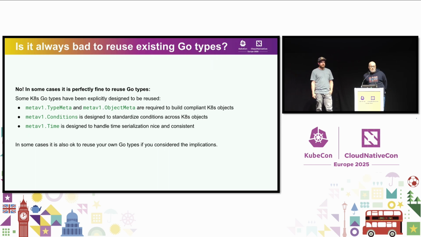For instance, in the Go type for your CRD, you have to embed the TypeMeta and ObjectMeta in order to make it a proper, compliant Kubernetes object.